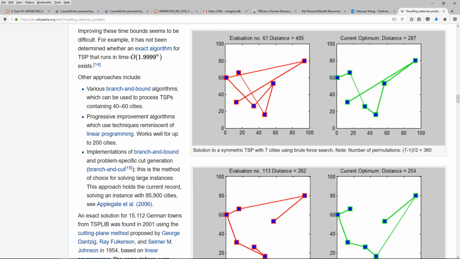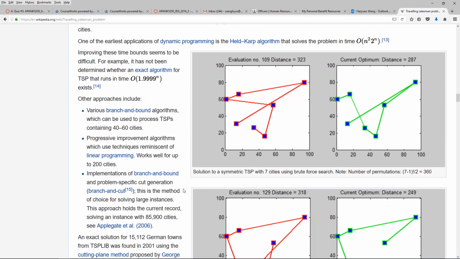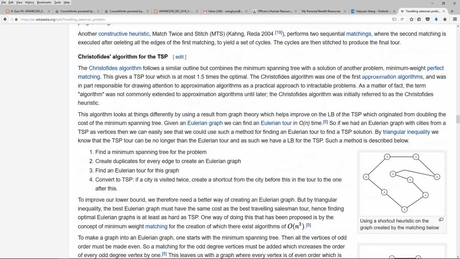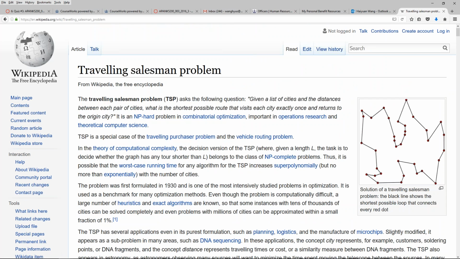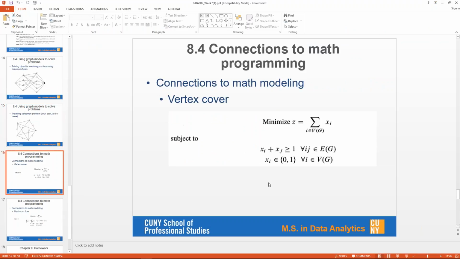And here is an example on the wiki to tell you how long it takes, how many evaluations it takes to find the optimal solution, and whether there is a way to improve it. So that's one thing that I discussed here. Hope you would be able to get a little bit of color on the traveling salesman problem.